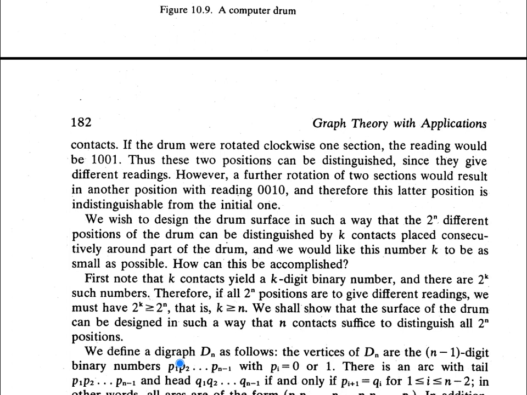And at each vertex the in-degree equals the out-degree, so that it's possible to find a directed Euler tour. If we follow a directed Euler tour, then we'll get the wanted sequence of digits on the margin of the drum.